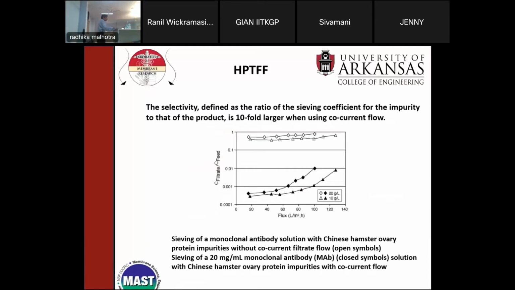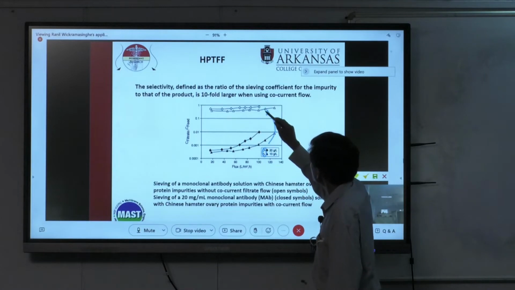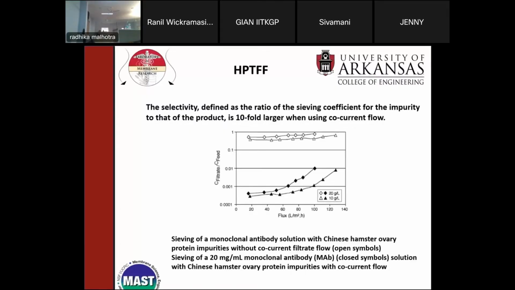Okay, so look at one other example here. This is an example, and again I can give you all the references and do that tomorrow. Here you're looking at two different plots. They are the open symbols and the filled symbols. The open symbols refer to this, and the filled symbols refer here.